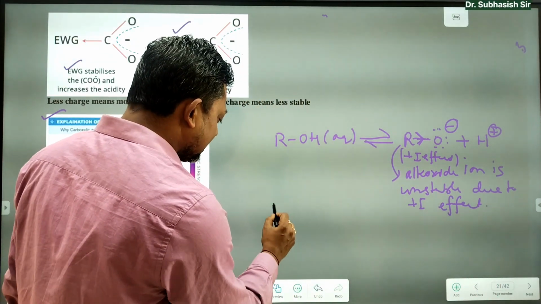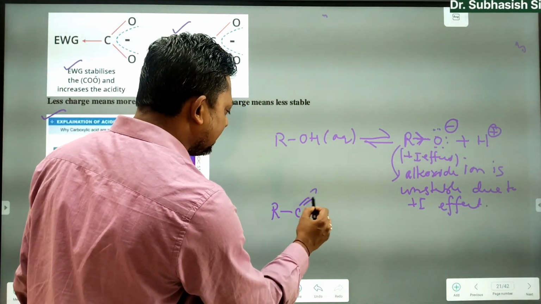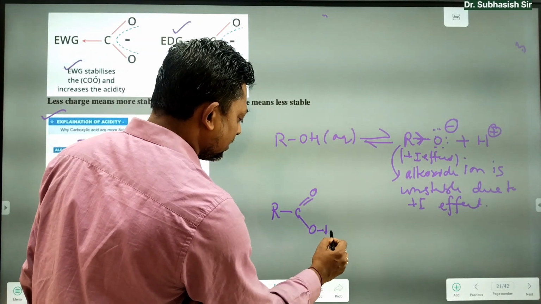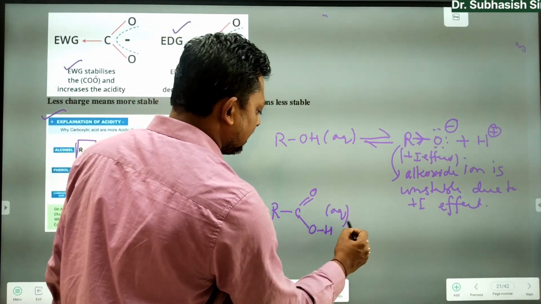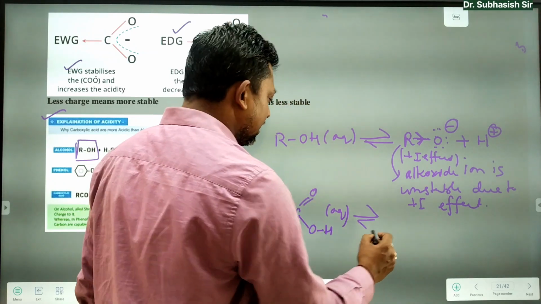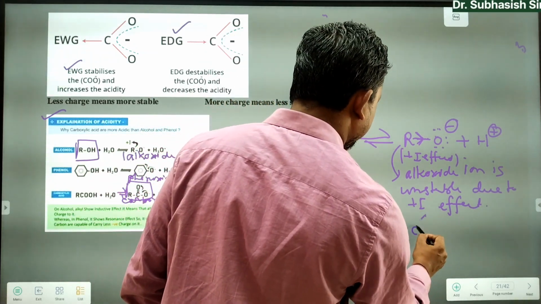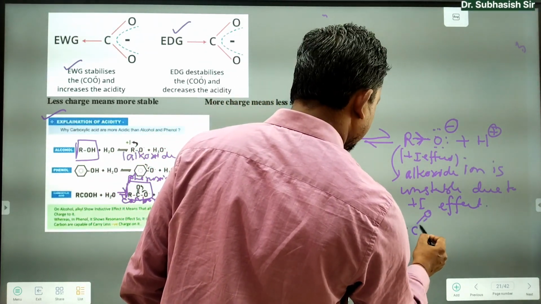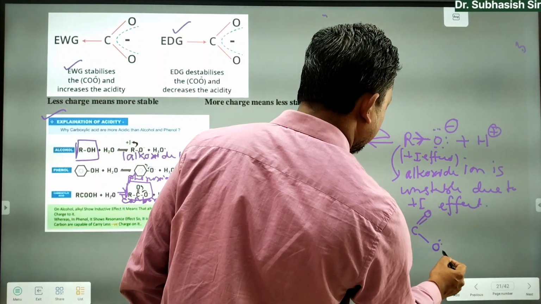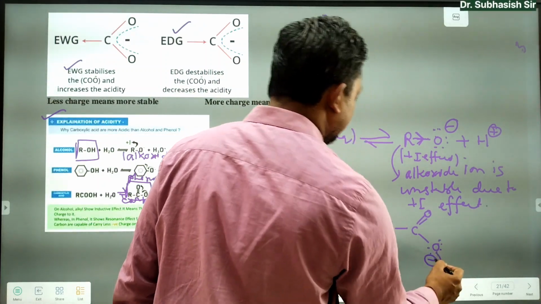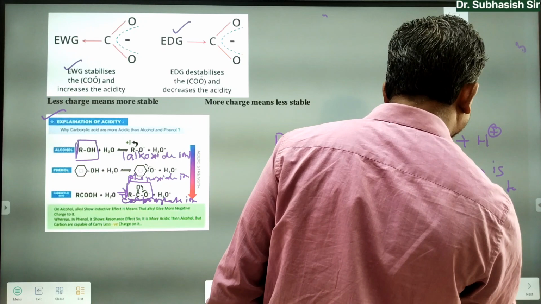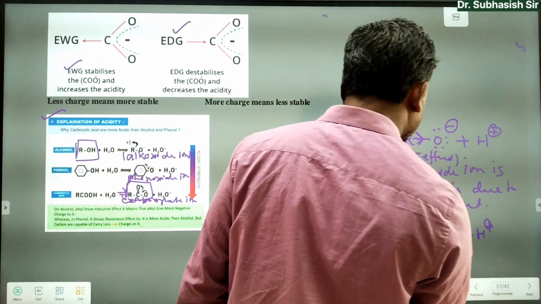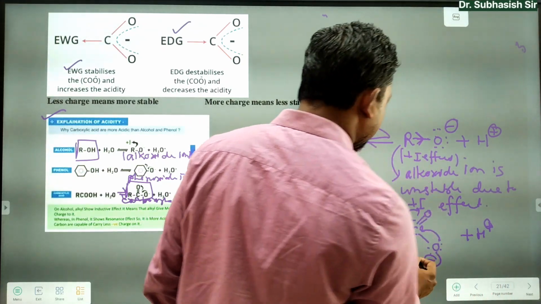Whereas if you see carboxylic acid, if you put it in water, then it will form this, already I explained you, carboxylate anion, right? Now again I discussed with you that this electron can go here and this electron can go here.